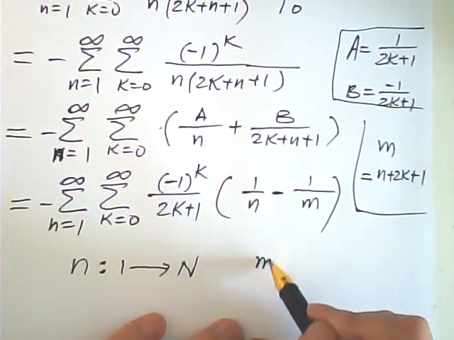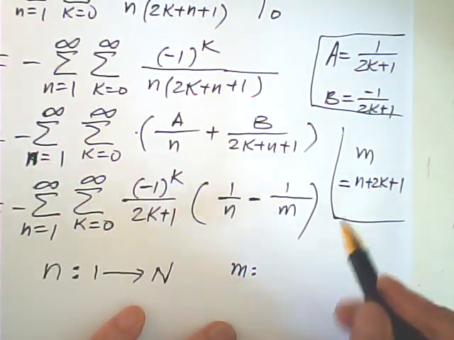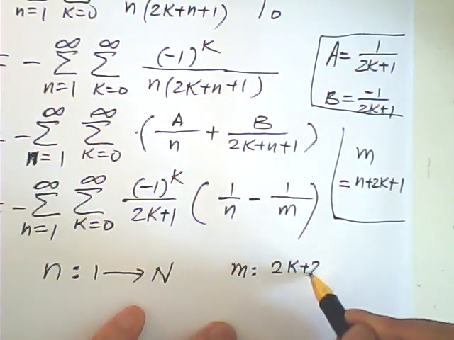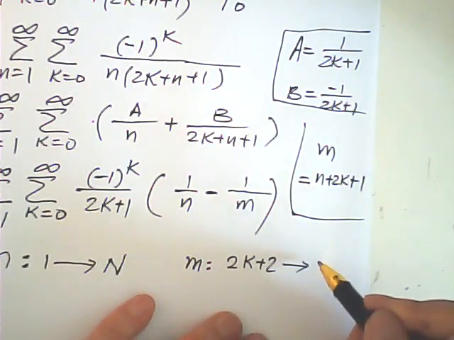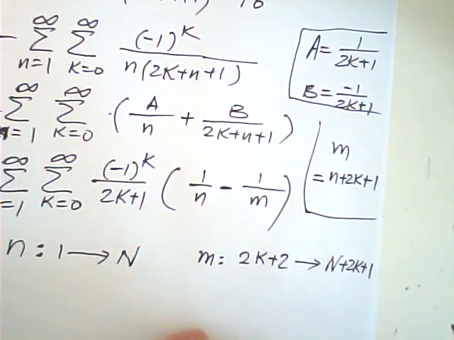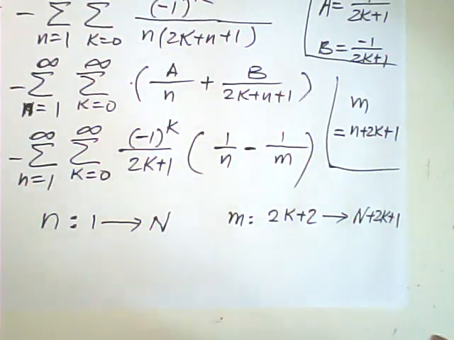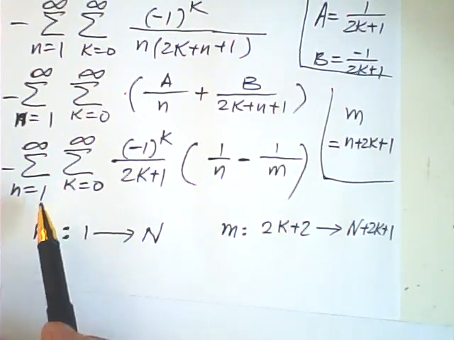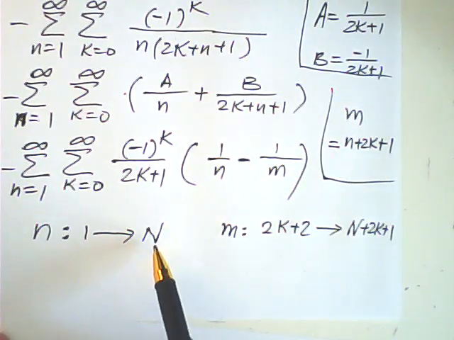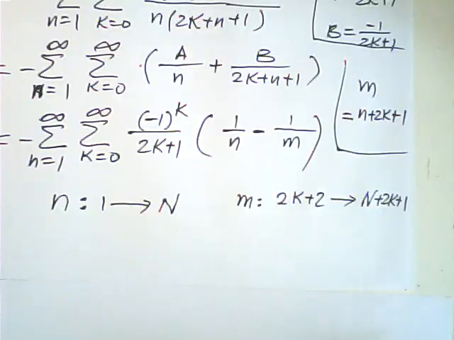Then my m will be, for n equal to 1, 2k plus 2, to N plus 2k plus 1. Okay, I hope you follow me. See, this is the infinite series. Now, at first, I let the series go from 1 to big N, capital N. Then from N, we take the limit to infinity to achieve these infinite series.